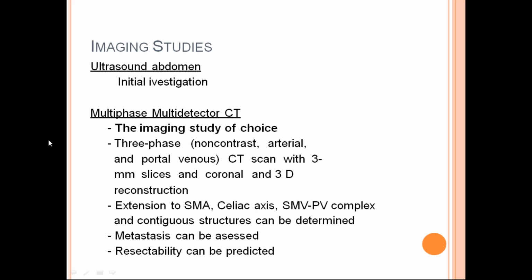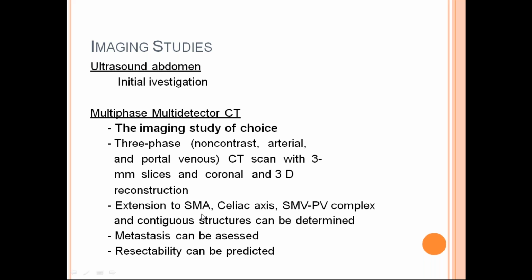In a case of pancreatic mass on CT, what are the things we have to note? Apart from the mass, its location, size and so on, this is very important: CT is used for staging even. It depends on the involvement of the vessels, which, as you remember from the first image, are very closely related to the pancreas.